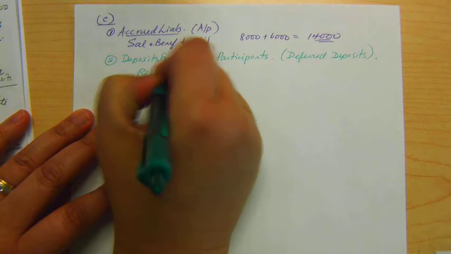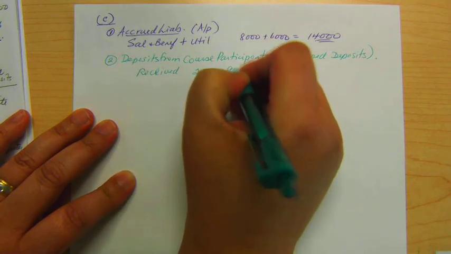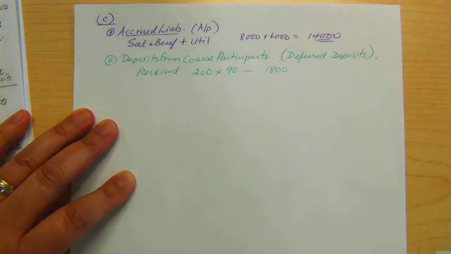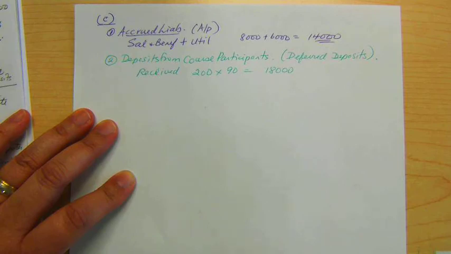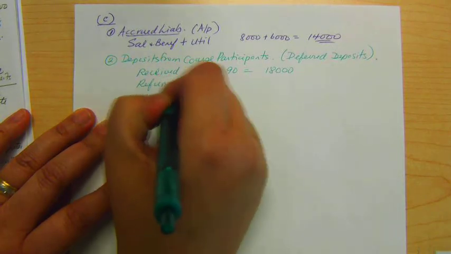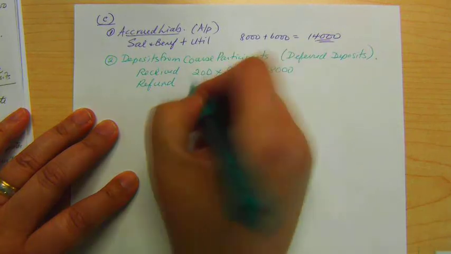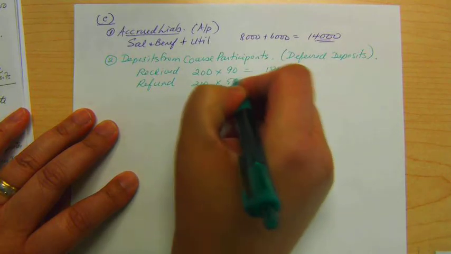So we received $200 from 90 people, right? Can't even read my own writing. Now, how many did we refund because they finished the course? 50 people. And obviously, you guys, this is a math question.